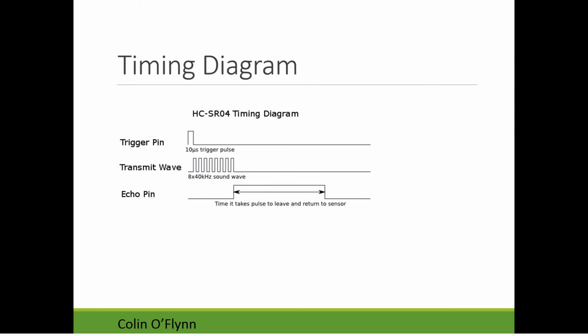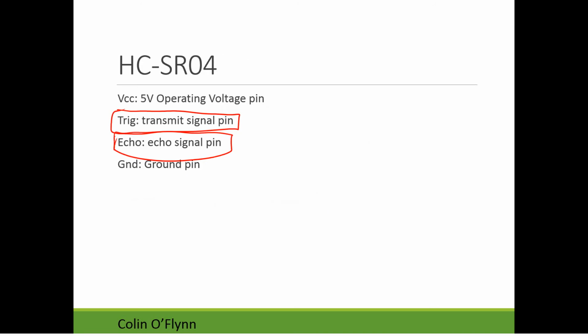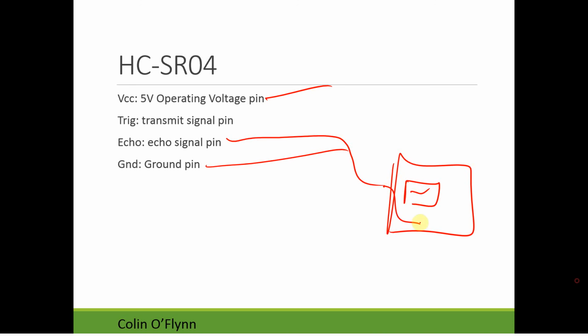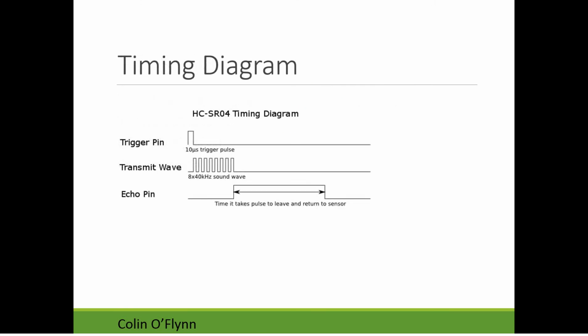If you want to experiment with this, you can connect this to 5 volts in the lab, connect the echo pin to a little scope, and then on the transmit pin, you just have to generate a short pulse to make it send an echo, and you can see what the response looks like.